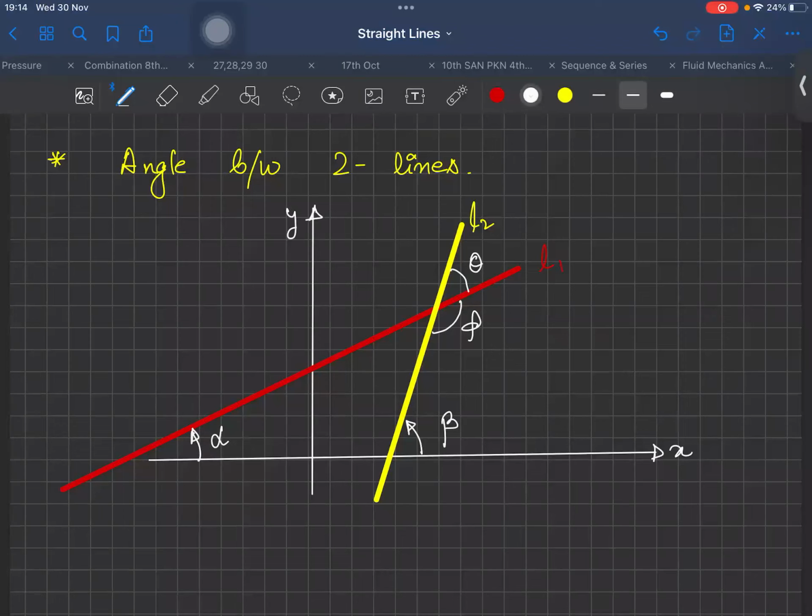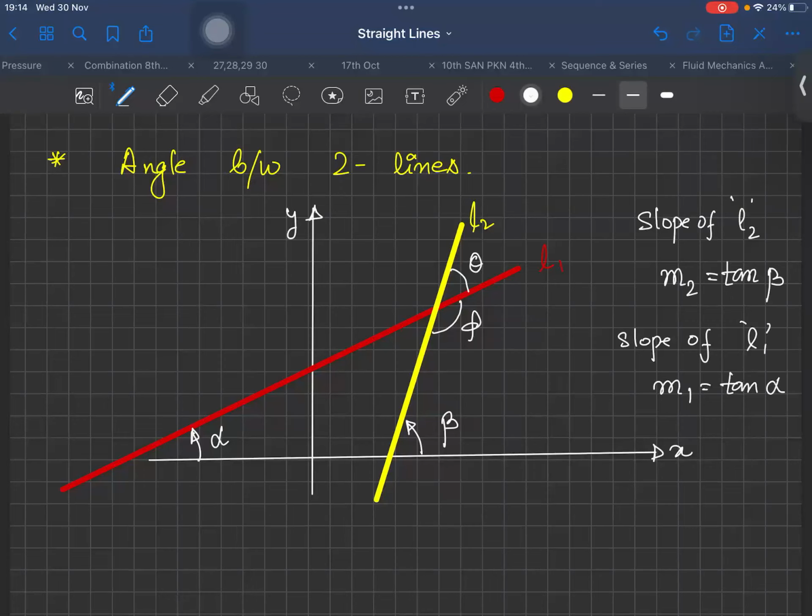That means what is the slope of line L2? Let's write M2 is equal to tan beta. Slope of L1, M1 is equal to tan alpha.